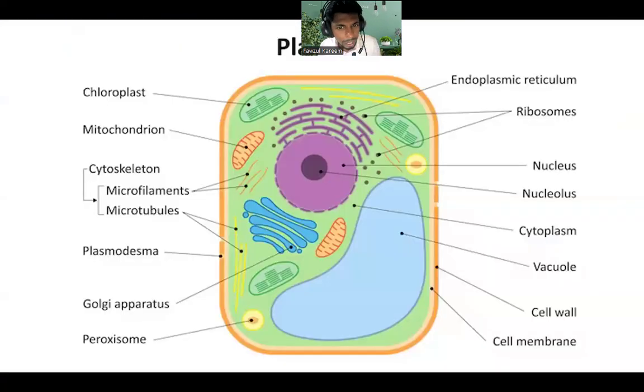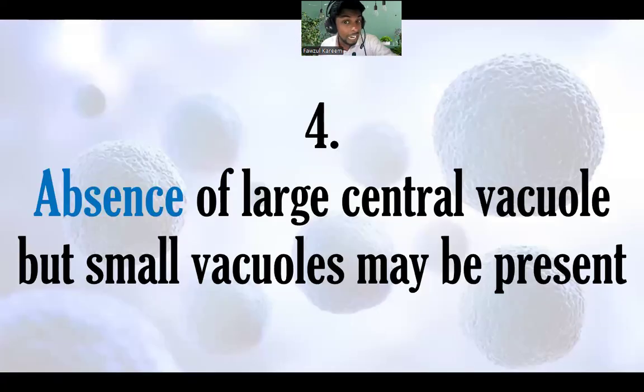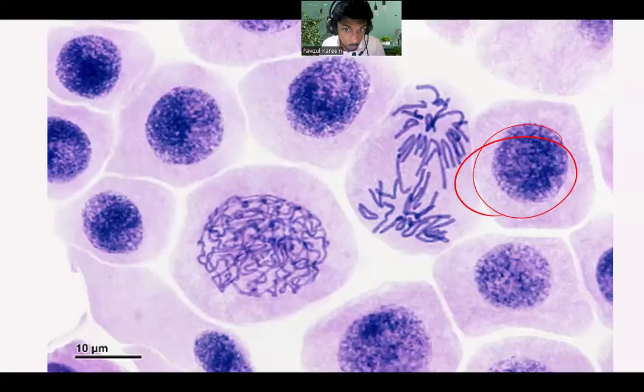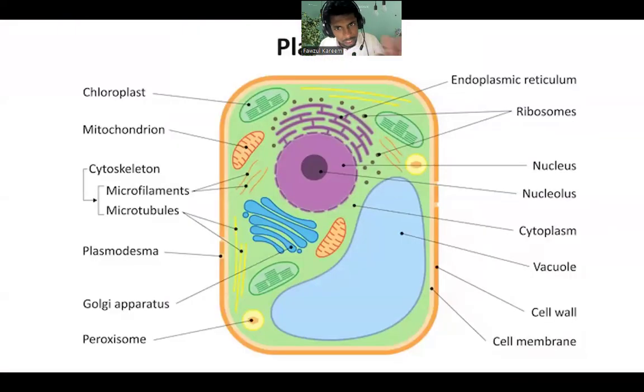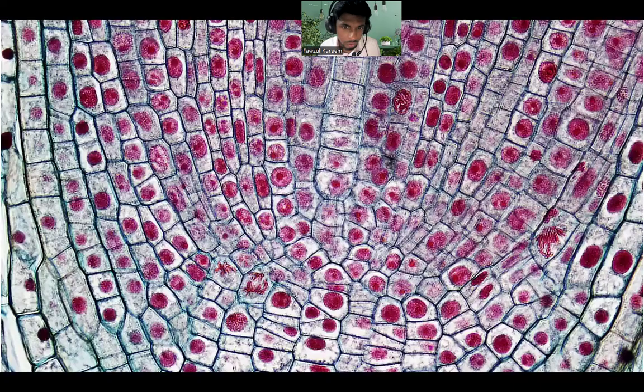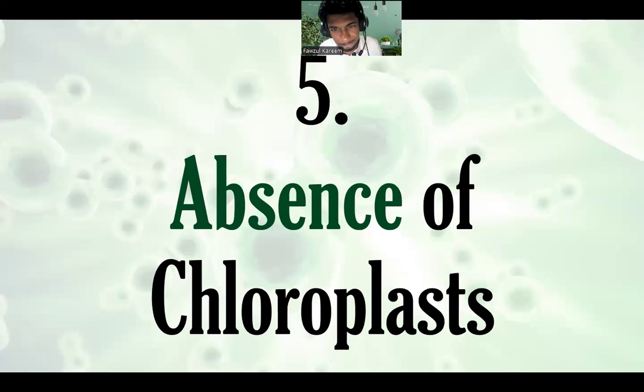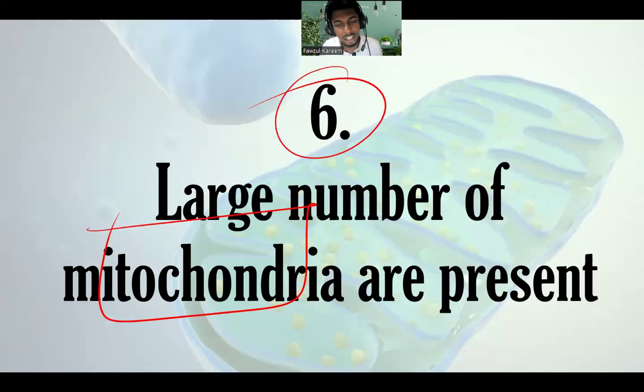Normally the plants have a large central vacuole, but this meristematic tissue doesn't have the central vacuole because most of the area is covered by the nucleus. So the vacuole is absent. And the chloroplast: these cells don't have chloroplast, and they have a large number of mitochondria.